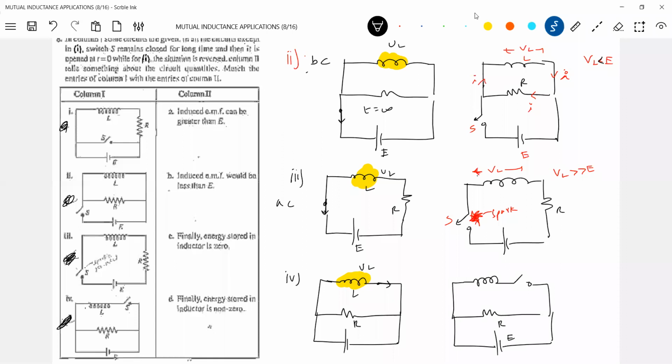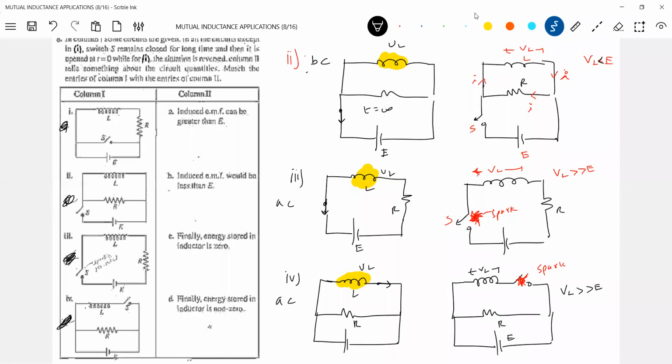Again, we are not providing a path for the current to flow here. There will be a flow of current across the resistor, but the energy in the inductor should be given out. Therefore, here a spark will be generated. Then the drop across the inductor will be very much greater than E. So for the fourth one, the induced EMF is greater than E and final energy stored in inductor will be 0.